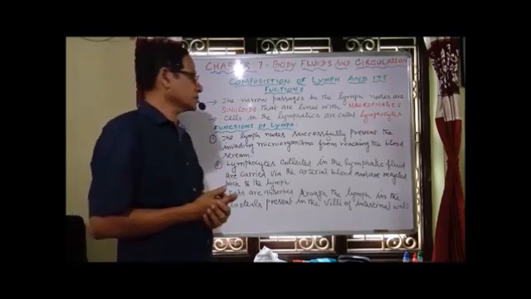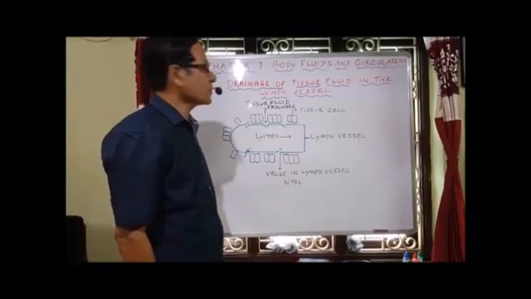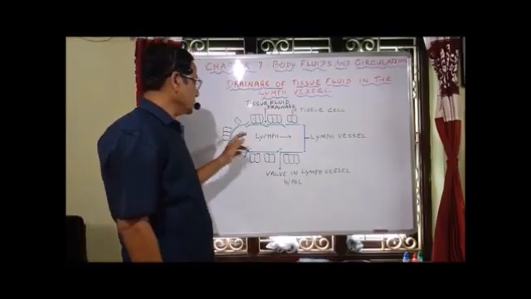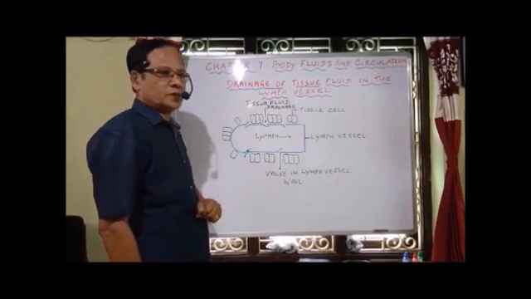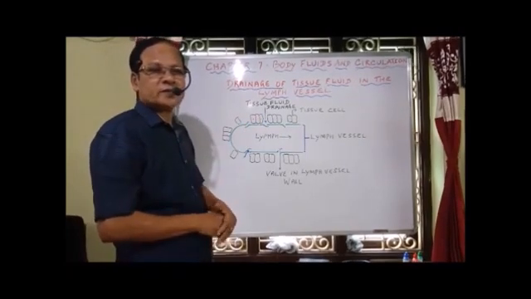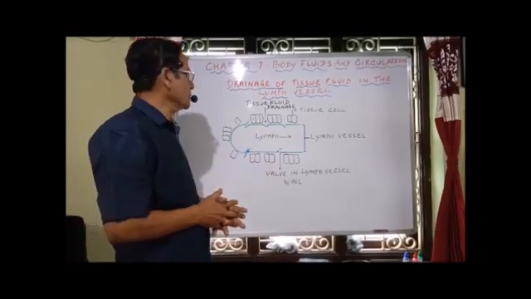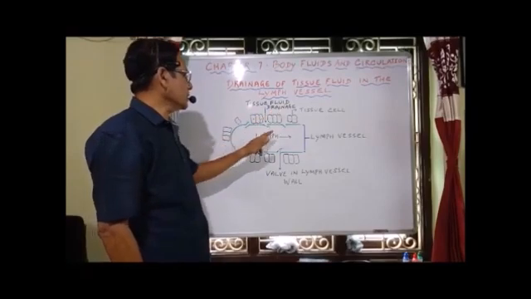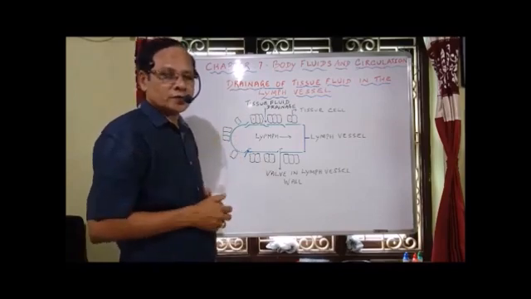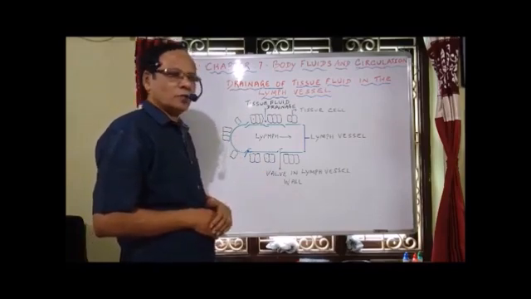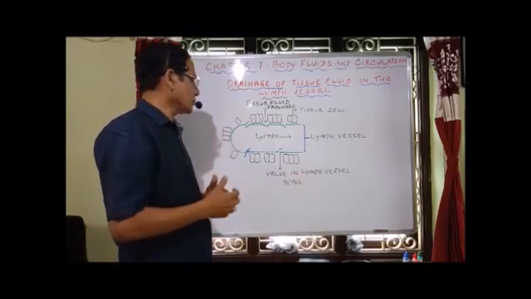Now this is the diagram showing the drainage of tissue fluid into the lymph vessel. This is the lymph vessel collecting tissue fluid from the surrounding medium, that is, the ECF, extracellular fluid or interstitial fluid, or simply the lymph. The tissue fluid is drained into the lymph vessel. On the walls of the lymphatic vessel we have valves for regulating the flow of lymph.